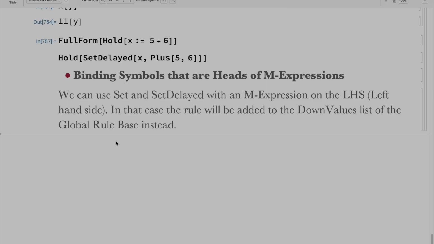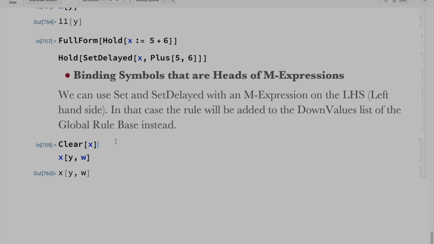So let me clear x. What happens is that whenever x is not just x by itself, but part of an M expression, let's say x[y, w], that's an M expression.